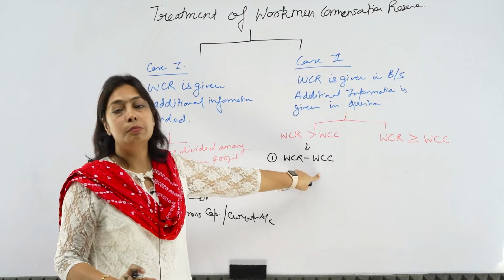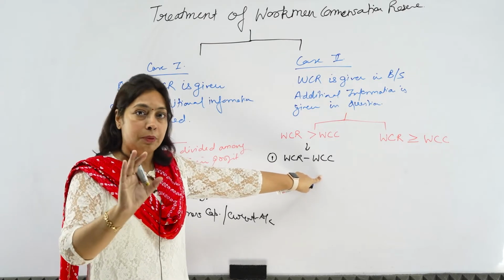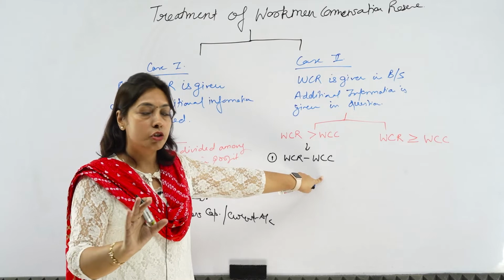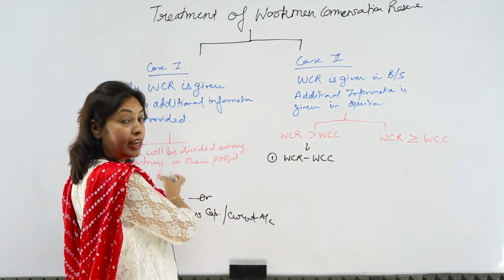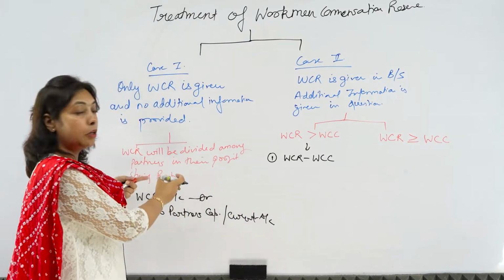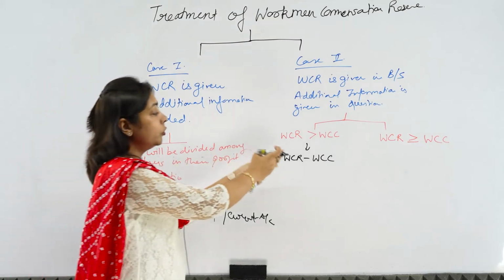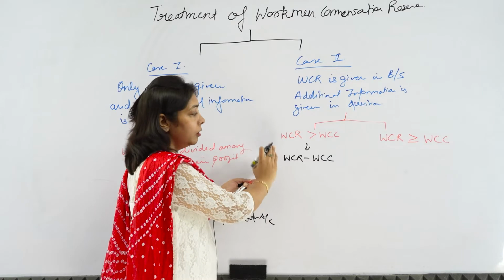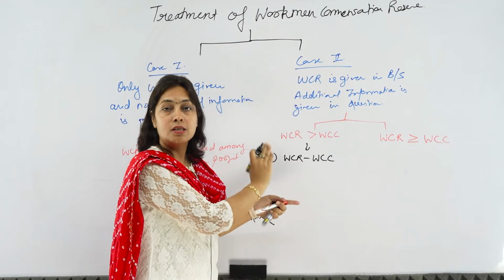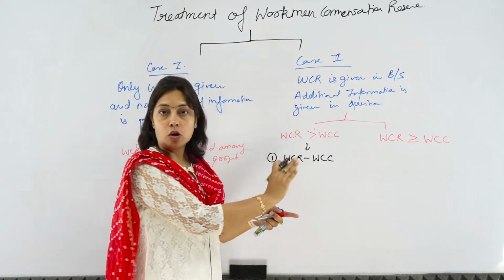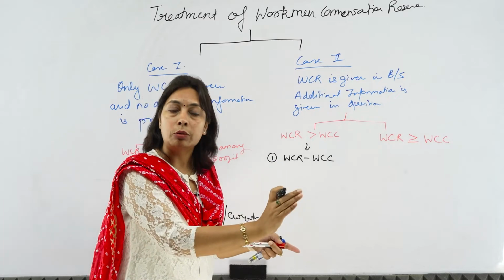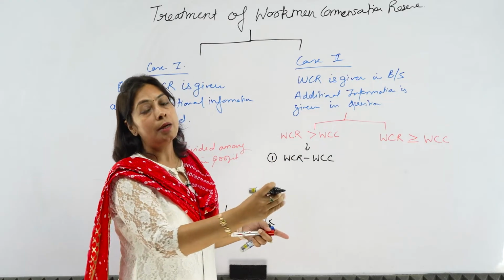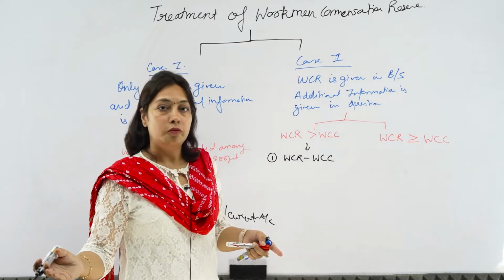This 2,000 will be distributed among partners' capital accounts in their profit sharing ratio as we have done over here. But there we divided the full amount of WCR; here we are not going to divide the full amount of WCR. We will subtract workmen compensation claim from workmen compensation reserve. Whatever amount is left will be distributed among partners in their profit sharing ratio.